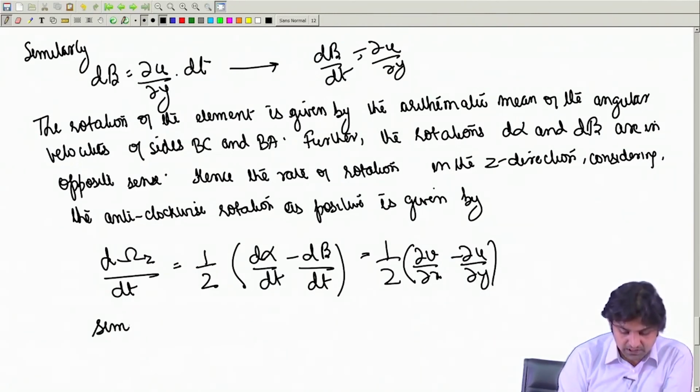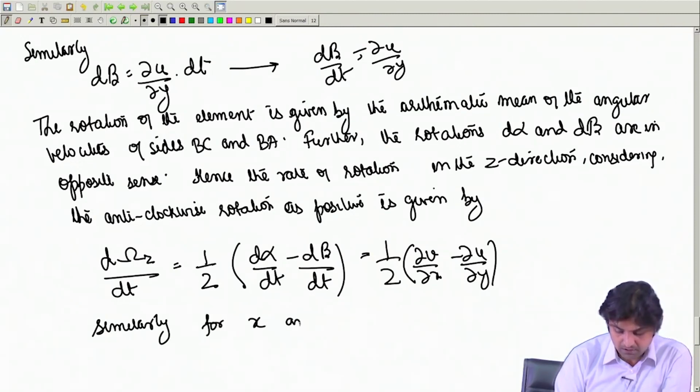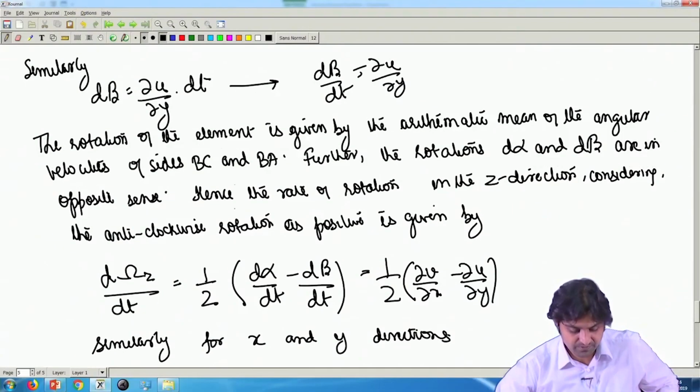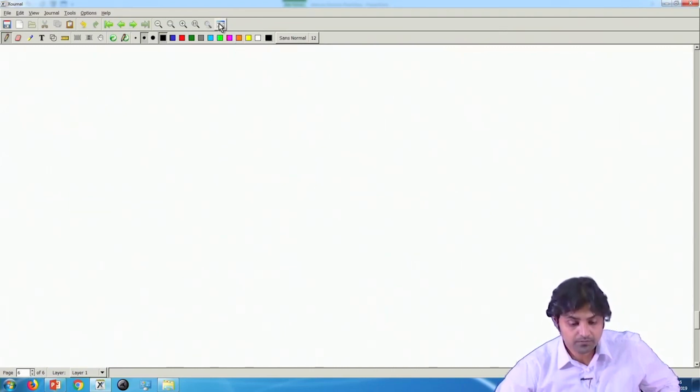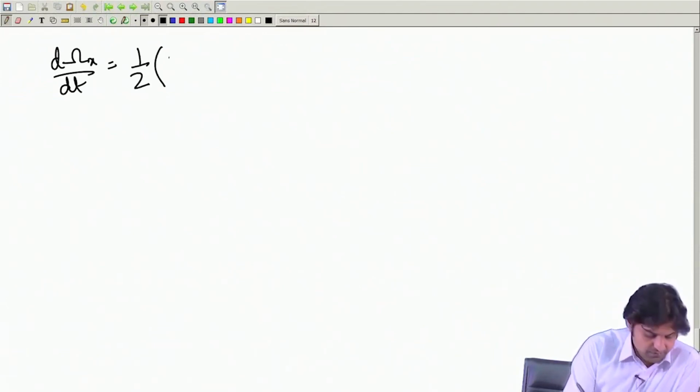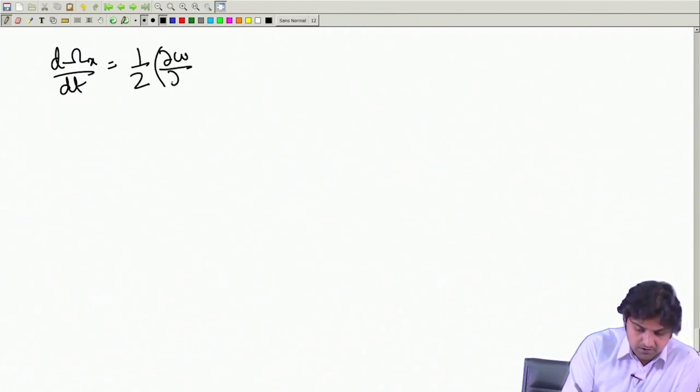So similarly, for x and y directions, simply we write d sigma x by dt is equal to half, okay.